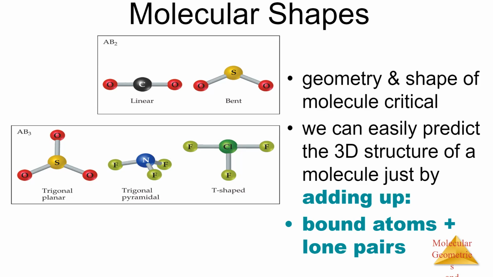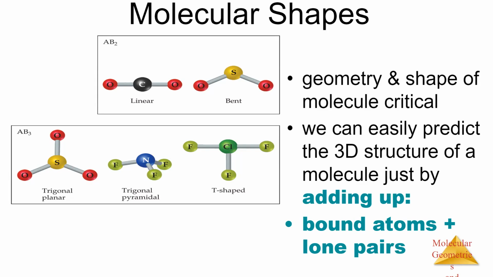Shape dictates function. So if the shape is different than another shape, it can't function the same way. You also know that a lot of things have a lock and key mechanism. If we could get a molecule to have the same shape as another key, it could then open up that floodgate, causing problems in the body.